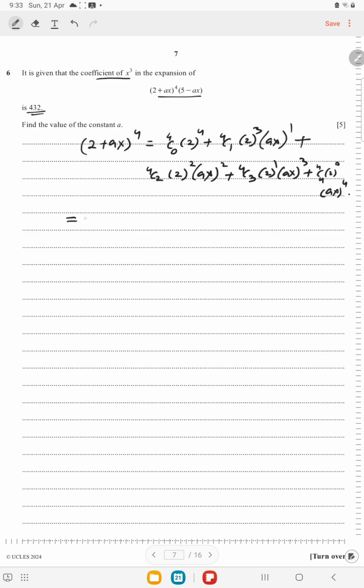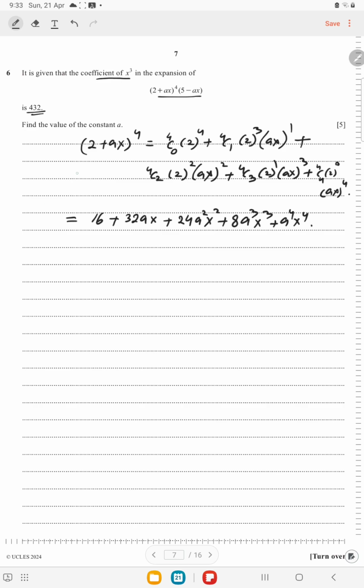I can write this with the help of a calculator. It will be 2 power 4 is 16 plus 8 times 4 is 32ax plus 4C2, that is 6, 6 times 4 is 24 a2 x2 plus 4 times 2 is 8 a3 x3 plus a4 x4.